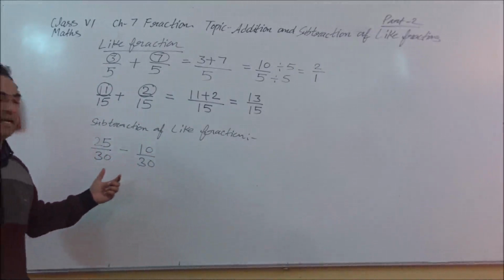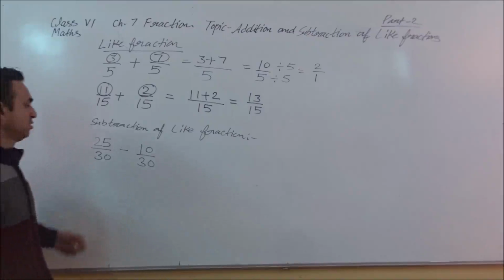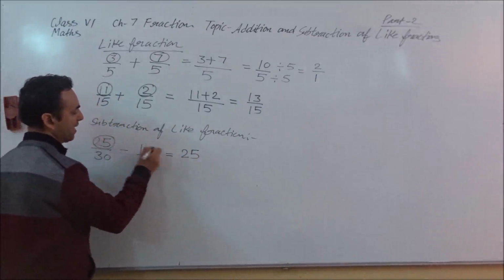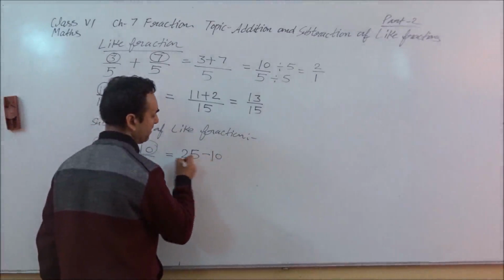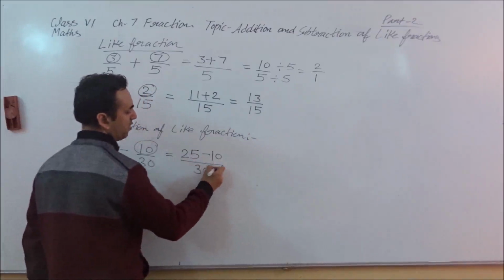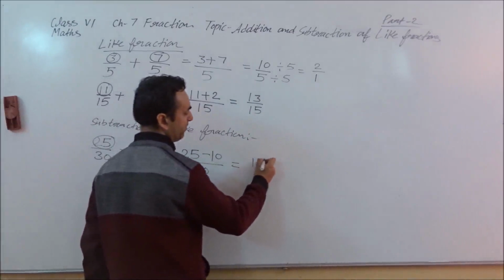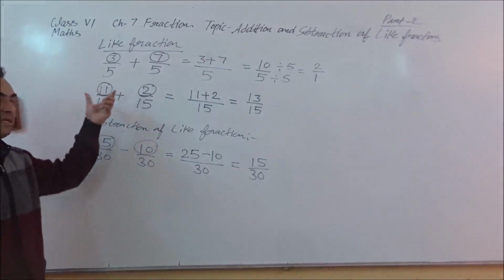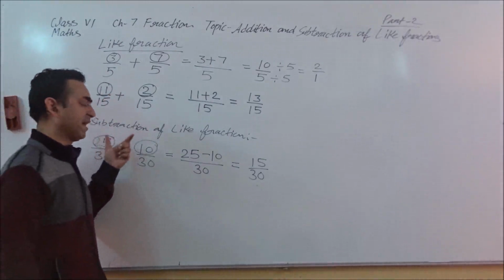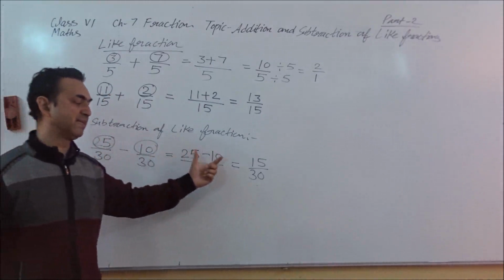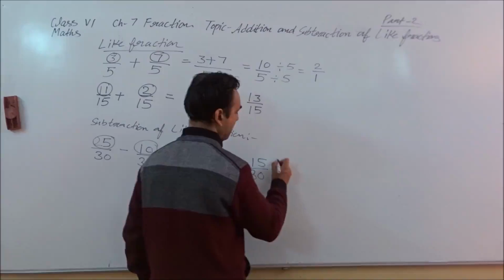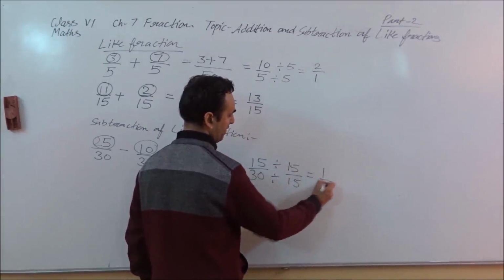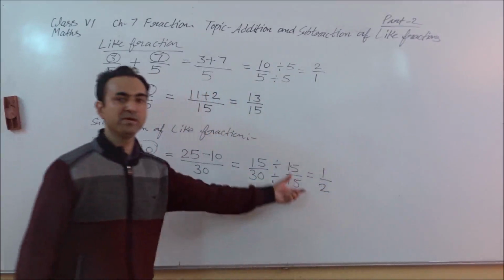Both fractions are like fractions, so we can write again 25 minus 10 upon 30. 25 minus 10 is 15 upon 30. So again the same method, you have to subtract 25 minus 10. You get 15 upon 30, and 15 upon 30 can be divided by the common factor 15. So 15 into 15, 15 into 30, 1 upon 2 is the answer.